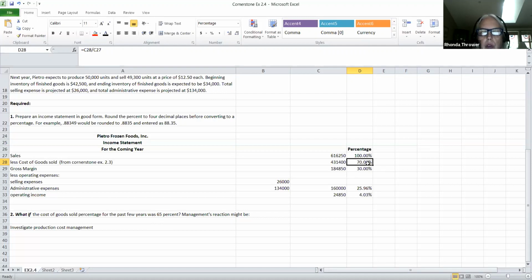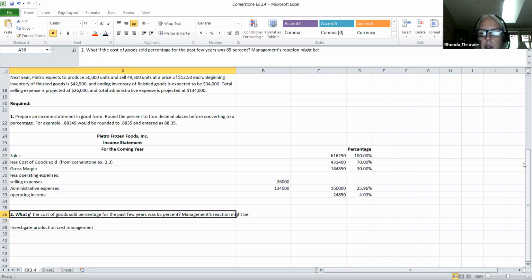So we might want to investigate our manufacturing costs to see if we could determine why this went up by 5%. If it was something that we could control, we would want to make management decisions to help us to better get this in control the next period. So what these percentages do is they help management make decisions about the company. And so that's the what if analysis for this.